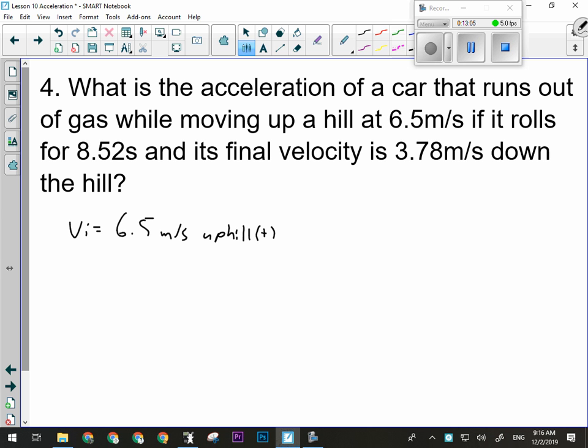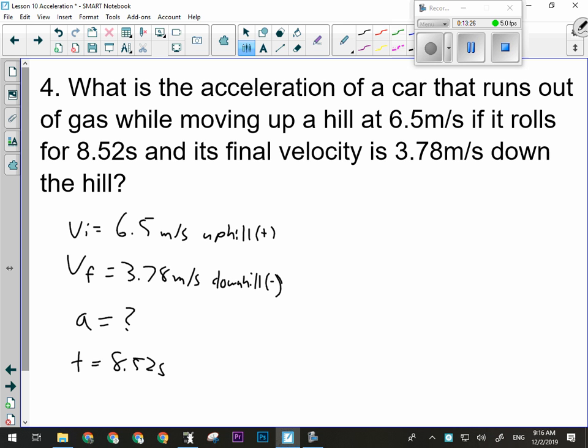And then VF is 3.78 meters per second downhill, which will be negative. My acceleration is what I'm looking for, and the time is 8.52 seconds.